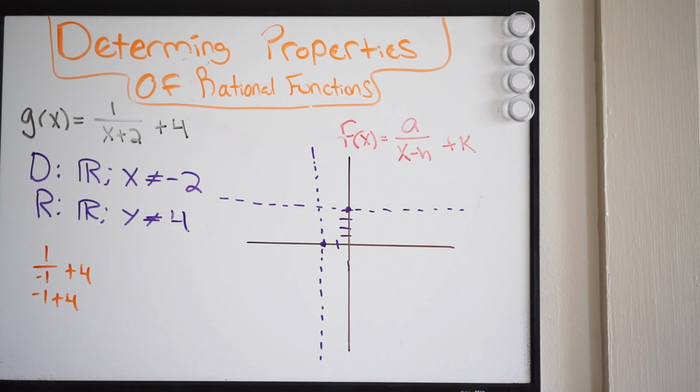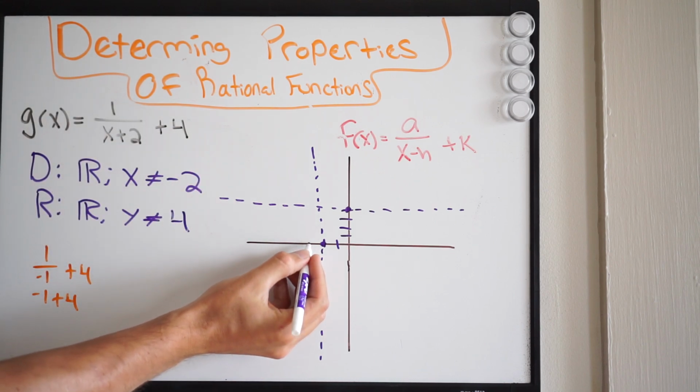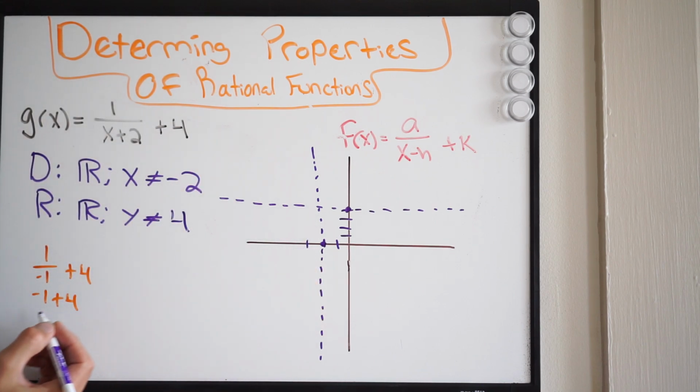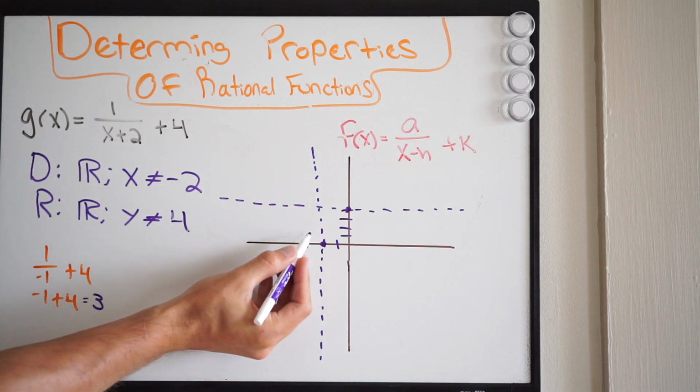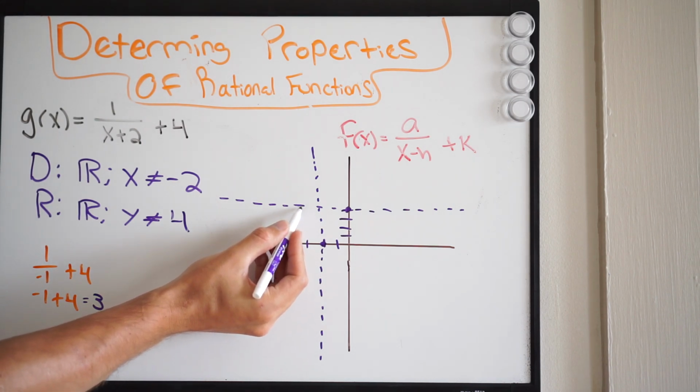So when I go over negative 3, because that's what we plugged in for x, I get the following for my y, which is going to be 3. Then I go up 3, and that puts us right below this horizontal asymptote, right about here.